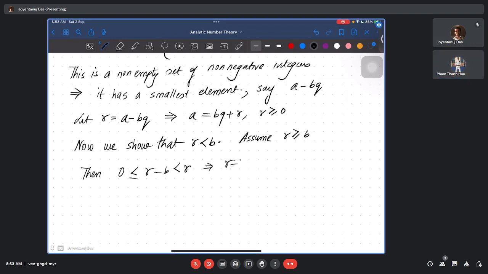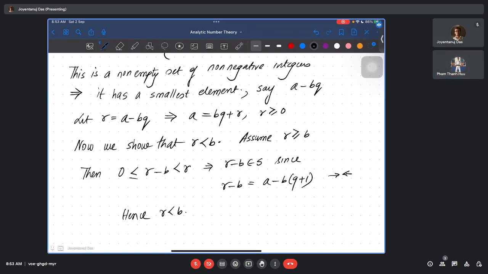So this implies r minus b belongs to S, since r minus b is of the form a minus b times (q plus 1), right? So this is a contradiction to the smallest element being r. Hence r has to be strictly less than b.